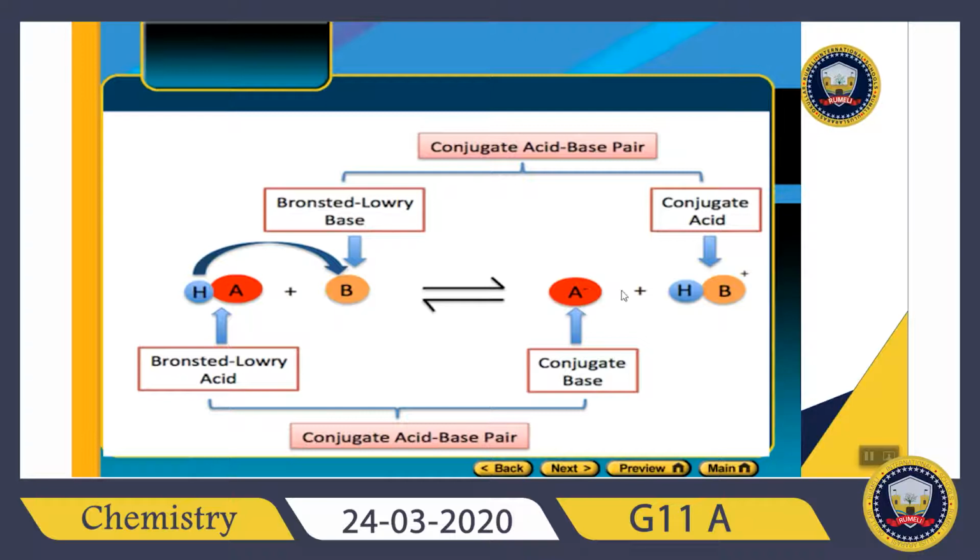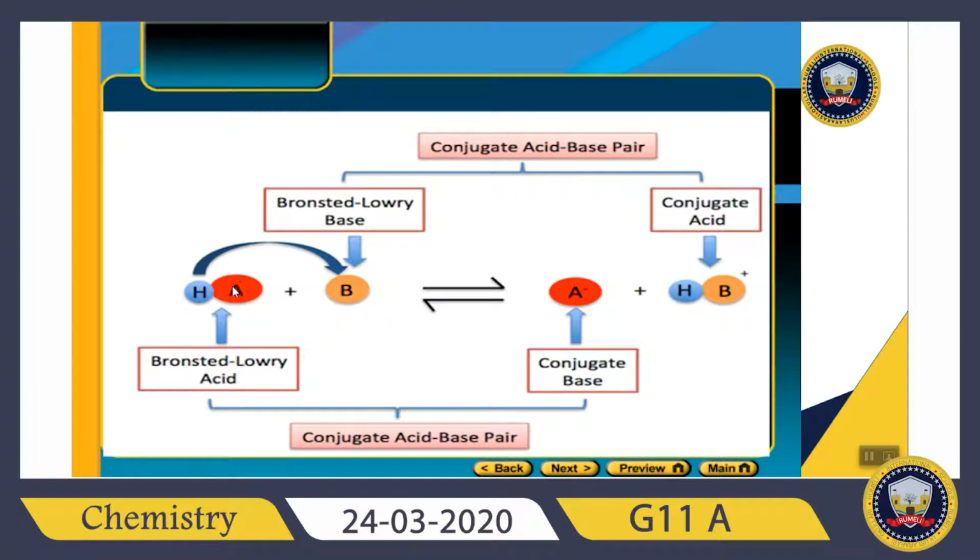On the other side, the anion part which remains from the acid is called the conjugate base. And the other part, the hydrogen ion or the proton which will move to the base, this part is called the conjugate acid.